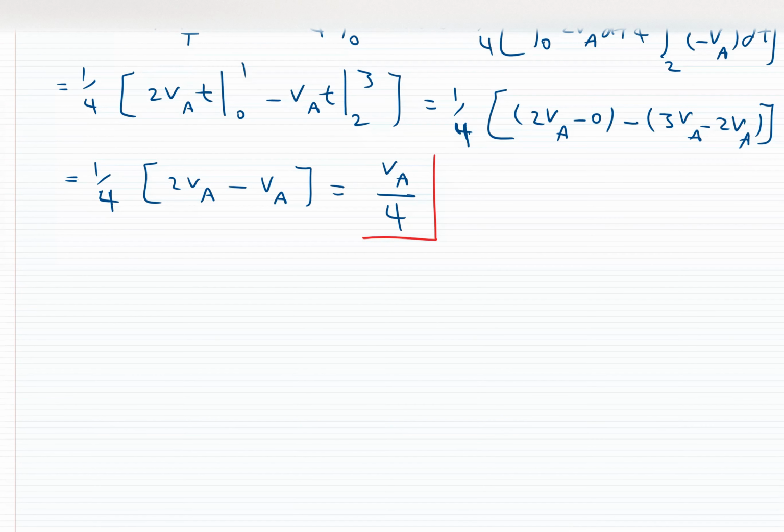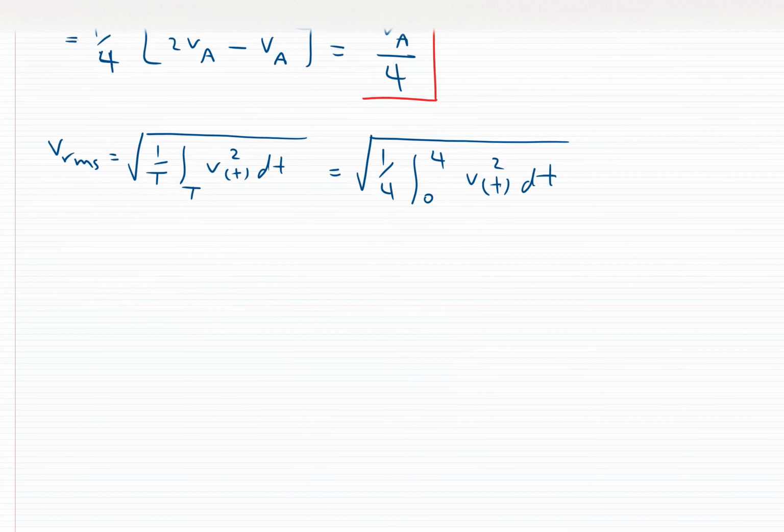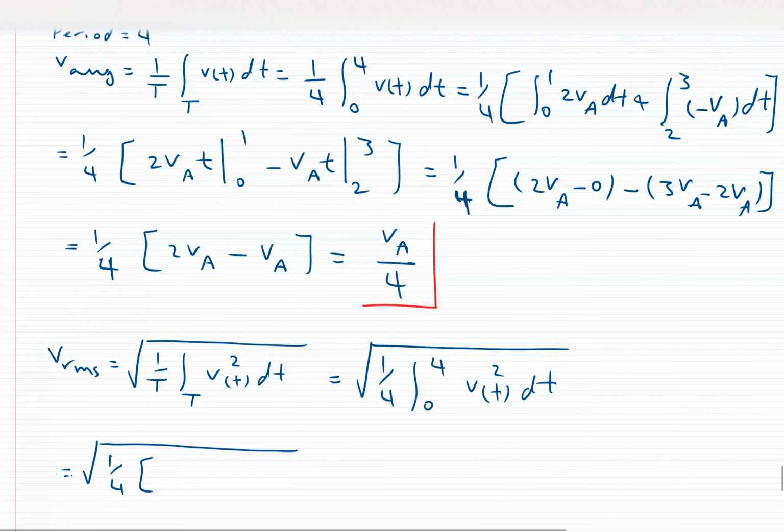Now let's calculate Vrms. Vrms is equal to the square root of 1 over T integral of v(t) squared dt, which is the square root of 1/4 of the integral from 0 to 4 of v(t) squared dt, which is equal to the square root of 1/4 times, again, the same as what we did for V average.